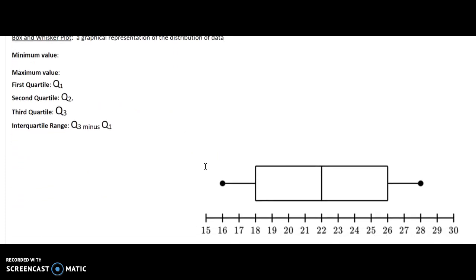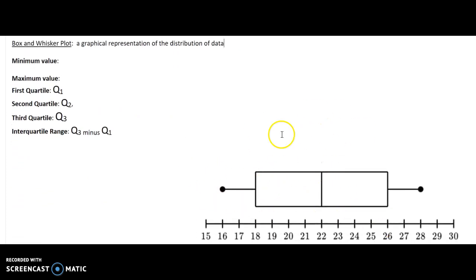So if we look at the picture right here, this is a box and whisker plot. Notice that we have these 2 little lines here, which we consider our whiskers, because they're sticking out like that. So this is our whiskers. Again, if I were you, I'd probably write this down somewhere in my notebook. So that's going to be my whisker, and this is also another whisker right here. And then we have the box in the middle.